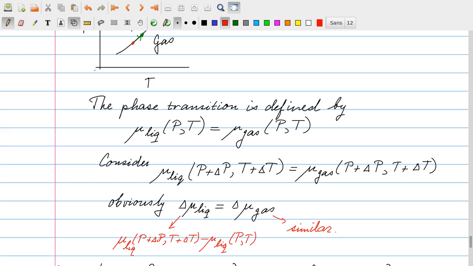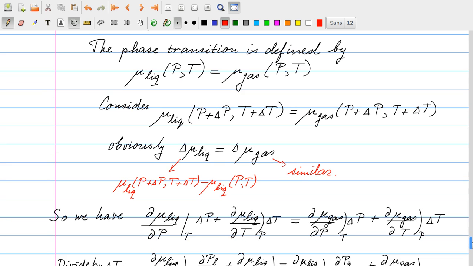So that's the difference of the new mu liquid minus the old mu liquid, and similarly for the gas. They should be the same. So we perform the Taylor expansion as announced, and what we obtain is d mu liquid dP at constant T delta P plus d mu liquid dT times delta T at constant P, and we do the same for the gas.